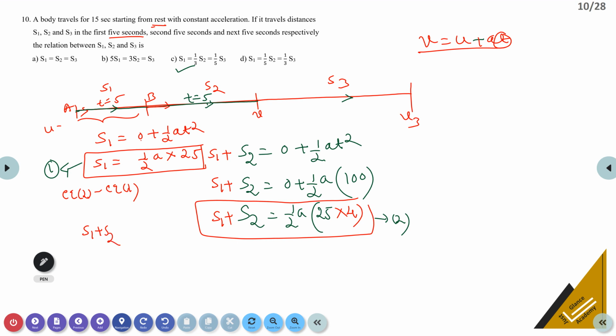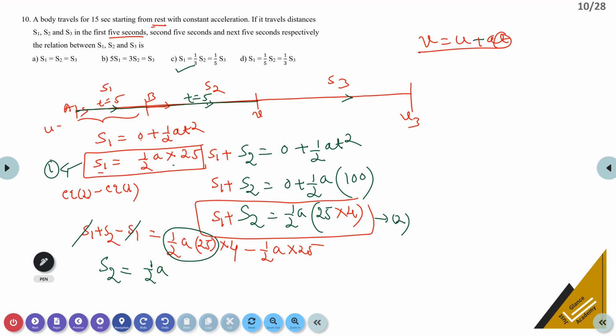S1 plus S2 minus S1 equals, first this quantity, A into 25 into 4, and next this quantity minus A into 25. Here you see, this S1 gets cancelled. So S2 becomes 1 by 2 A.